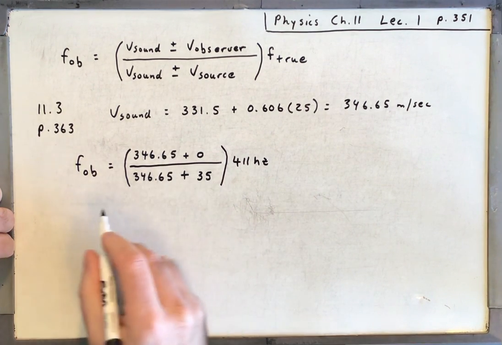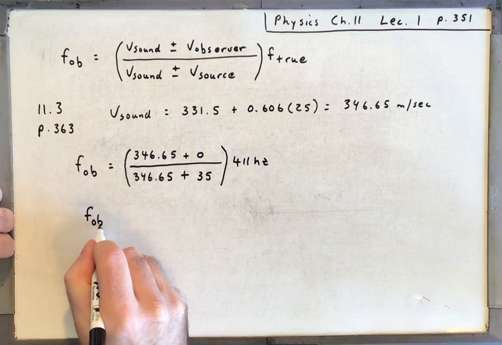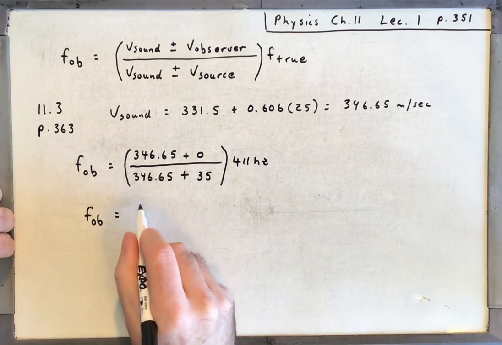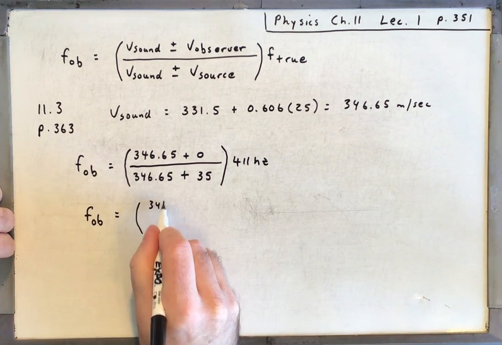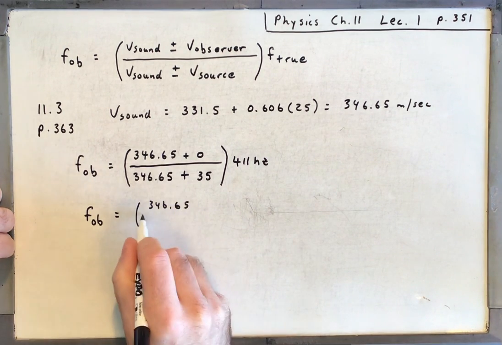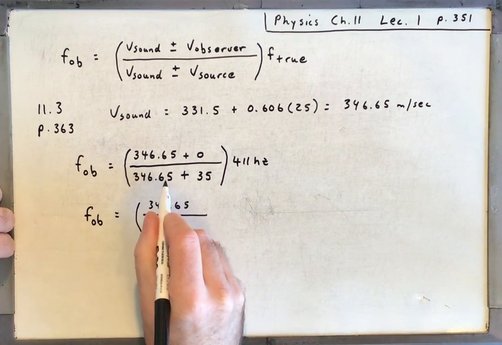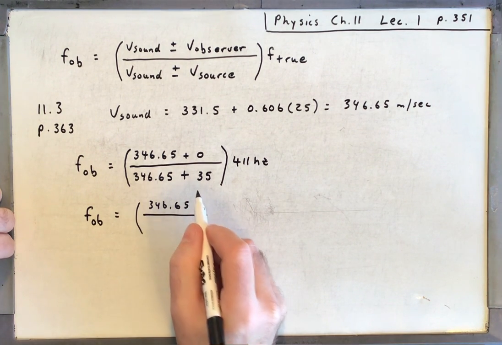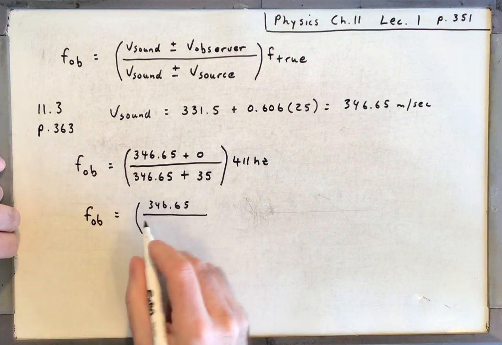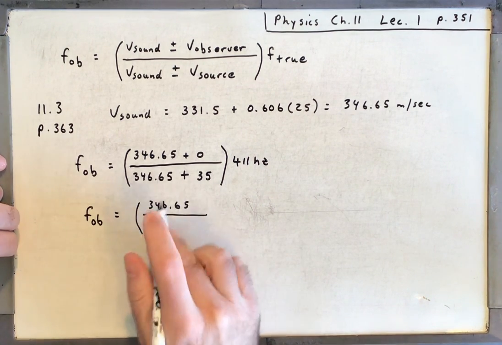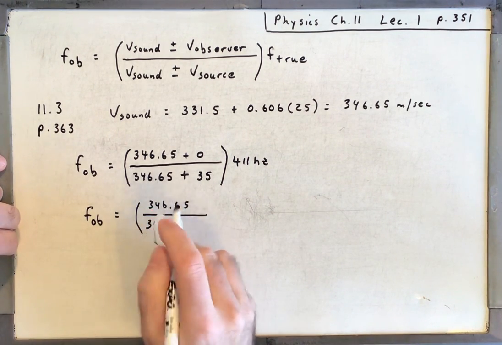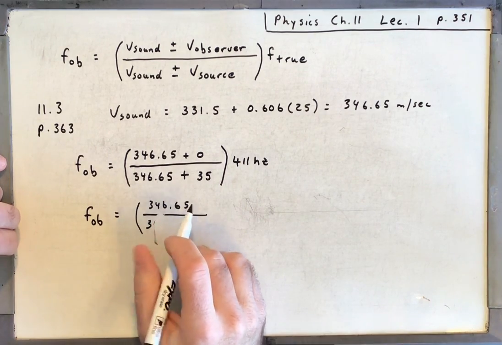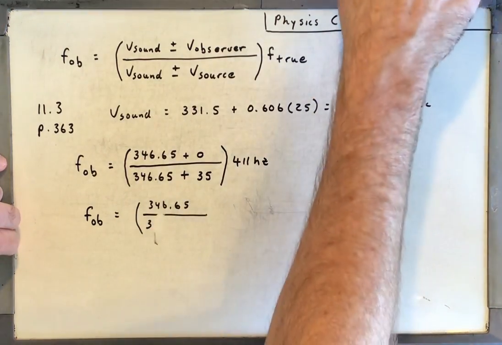You just use logic. So our frequency observed is going to be 346.65, because it's plus 0, over 346.65 plus 35. All right. Tell you what I'm going to do.